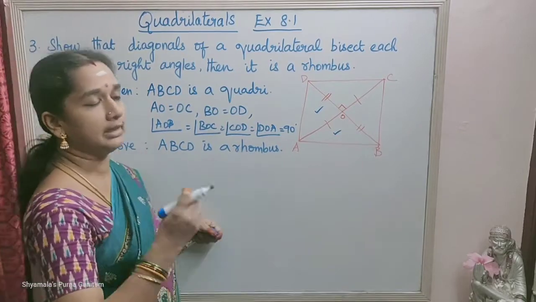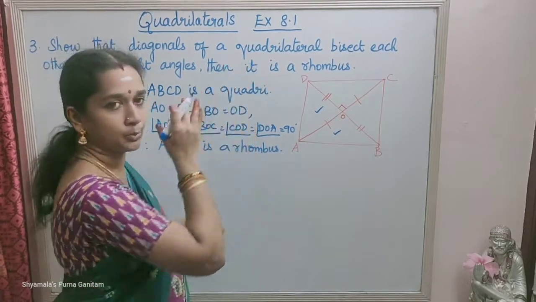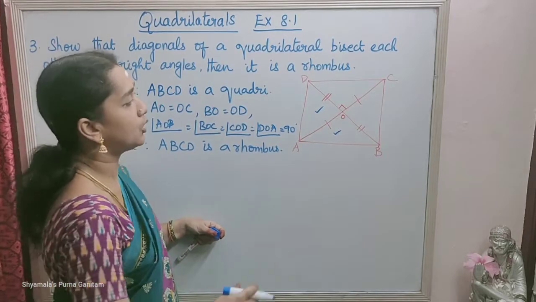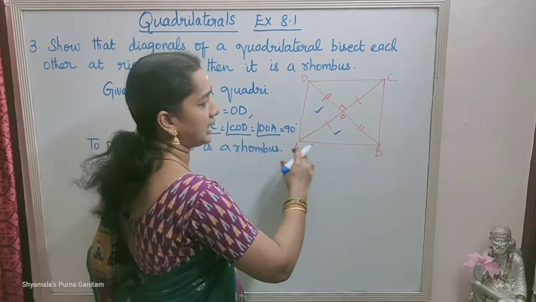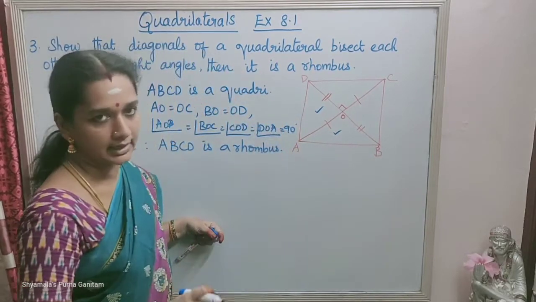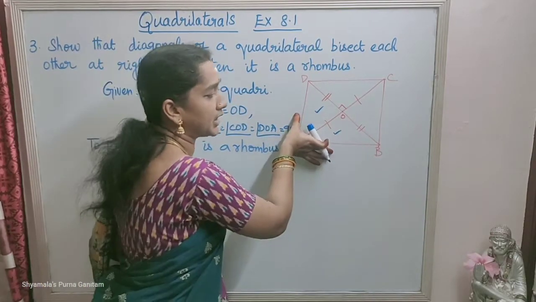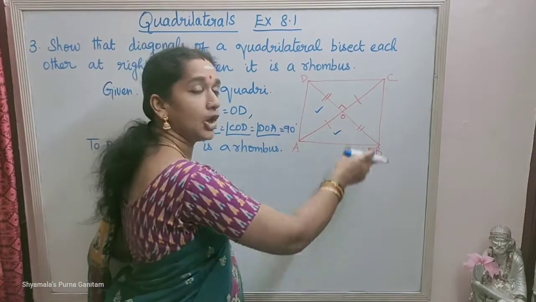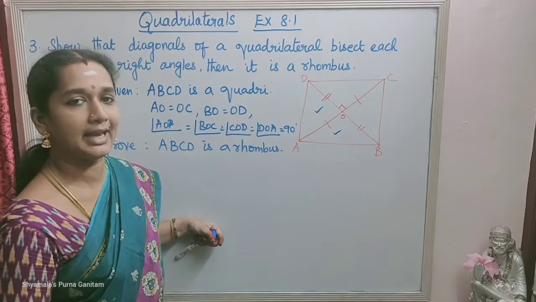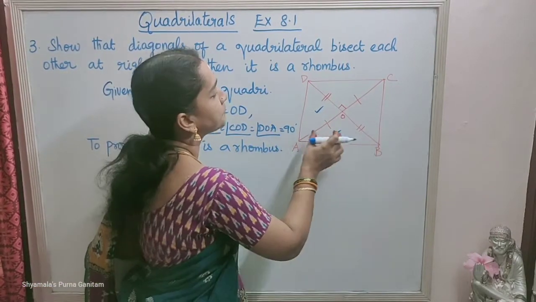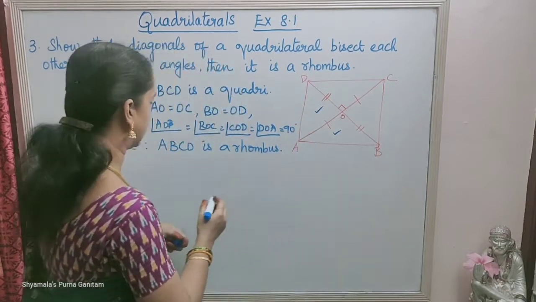Whatever they ask us to prove, accordingly we choose the triangles from the given figure. In this figure ABCD, we have to prove AB and AD are equal. If one pair of adjacent sides are equal, then we can say that all the sides are equal. Similarly, it can be proved. So for proving that the adjacent sides are equal, we are taking these two triangles.